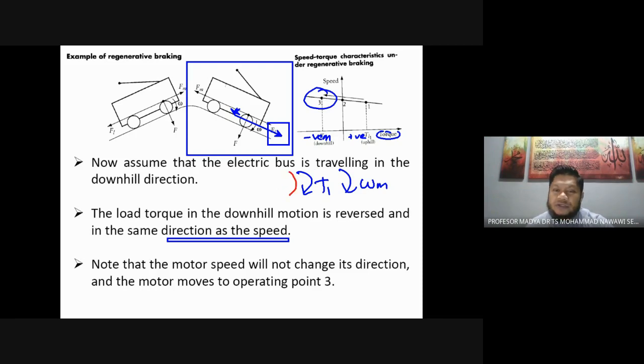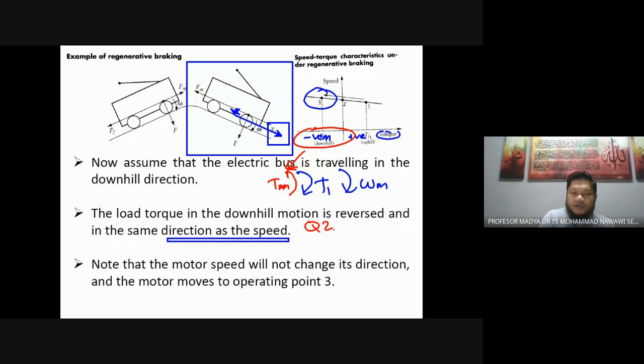So your TM should be in that direction. It's negative, isn't it? TL is positive, TM is negative. So that defines quadrant 2.